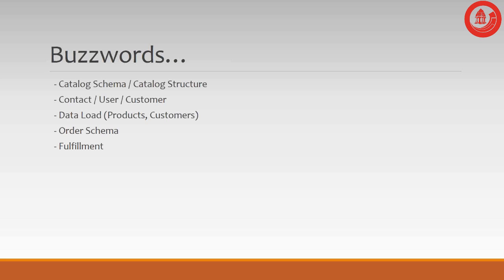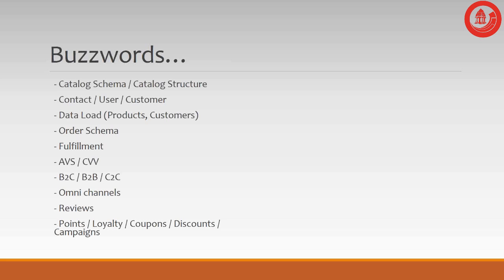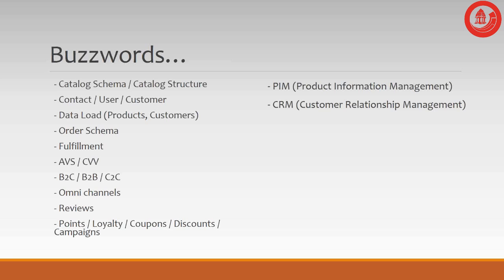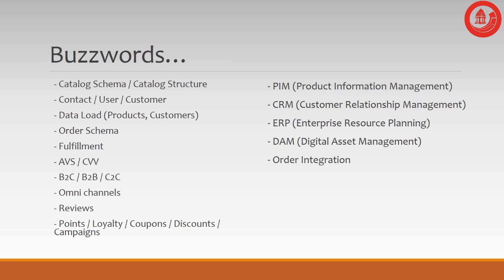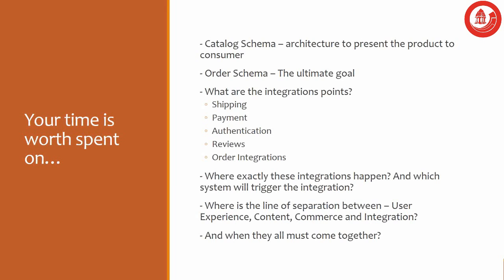Data load for products and customers, order schema, fulfillment, AVS, CVV, B2C, B2B, C2C, omni-channels, which means all the channels by which customers can have an online purchase experience, product information management, customer relationship management, ERP, DAM, order integration, customer contact integration, search, facets, filters, cross-sells, upsells.